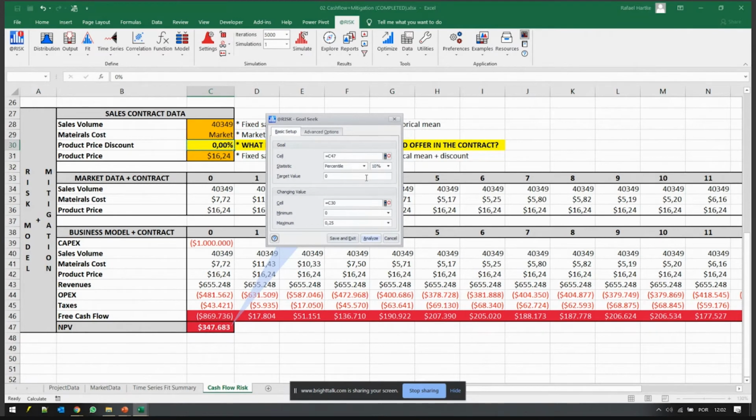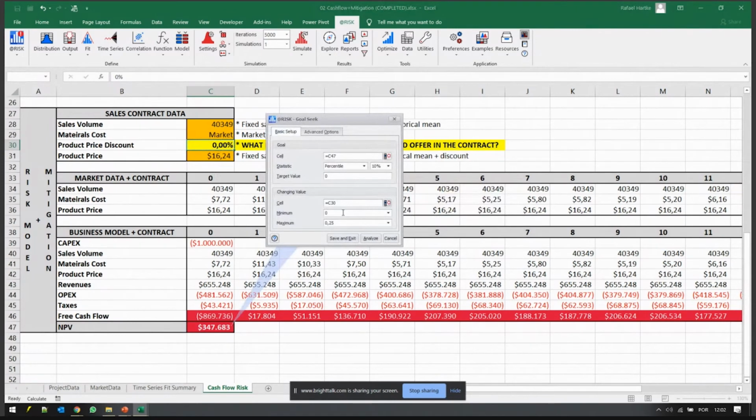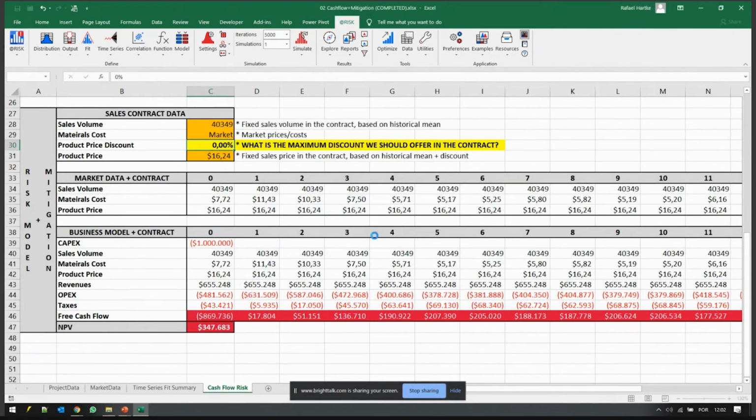I would accept up to 10% chances of negative NPVs as a risk that I'm taking with this project. So I'm going to try to find what's the discount that makes my NPV percentile 10 drop to 0. And @Risk will do that for us real quick here.